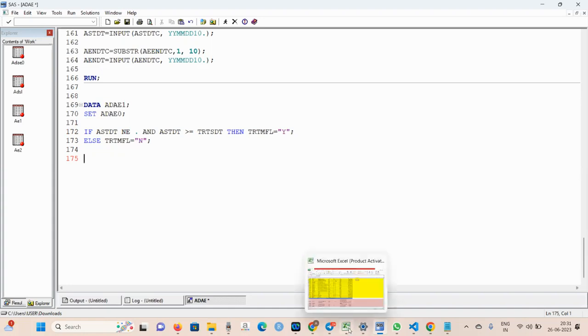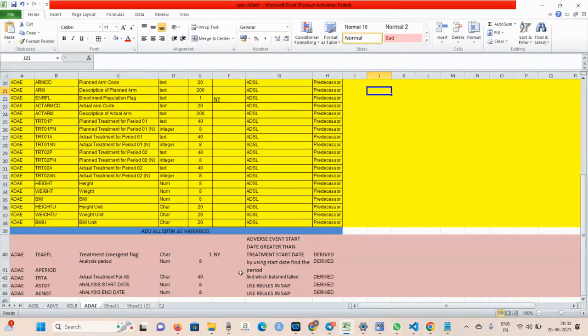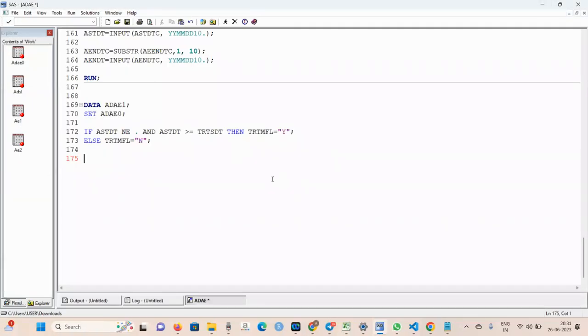So the next one is analysis period. You need to map when the event happened. For our clinical project we have multiple periods, right? Period 1 and period 2, and in which phase the event happened. So you have to explain that programmatically.